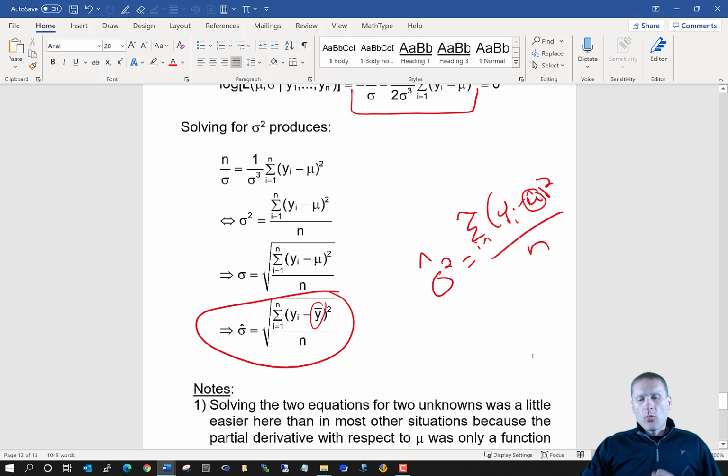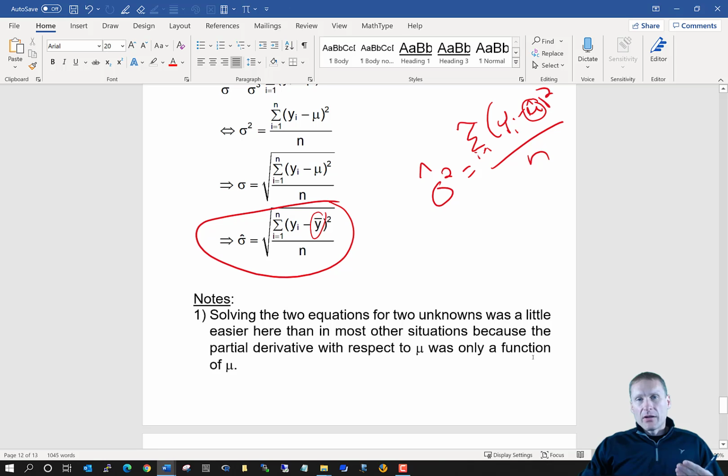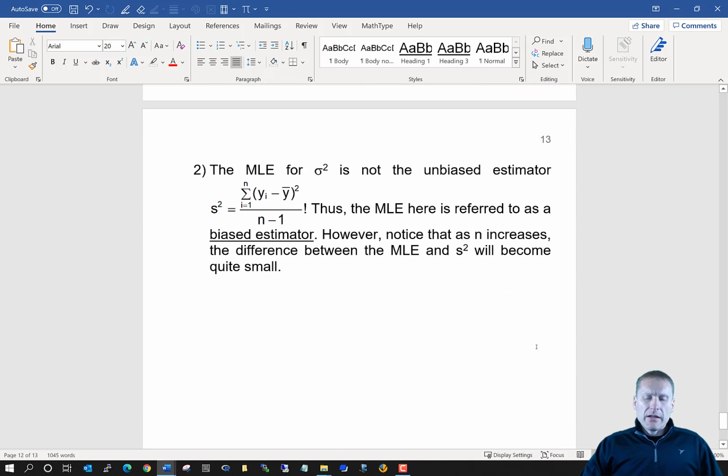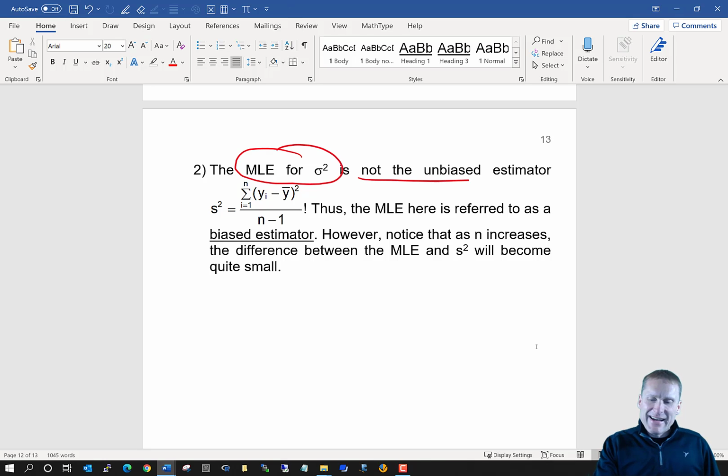So you can see that when you have two parameters, it can be a little bit more difficult. And in this case, actually, it's not as difficult as it could have been, because to find the maximum likelihood estimate for mu, when I did that derivative with respect to mu, notice that sigma was no longer in the expression, so I can immediately solve for mu. Now, what's really interesting here is the MLE for sigma squared is not the unbiased estimator that we've been using for the sample variance to estimate sigma squared.